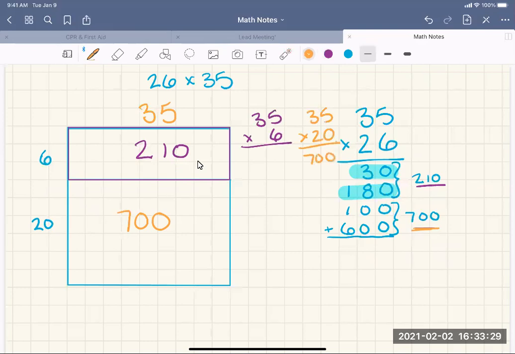And then add those 2 pieces together. So total, we would end up with 910. That would be our answer here.